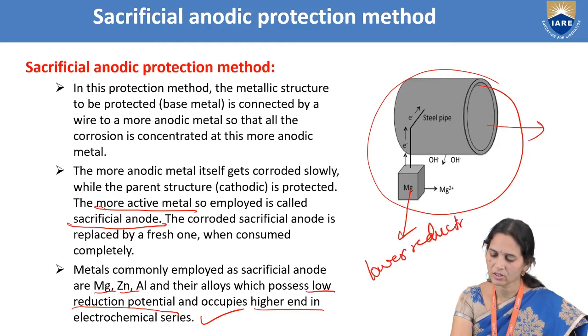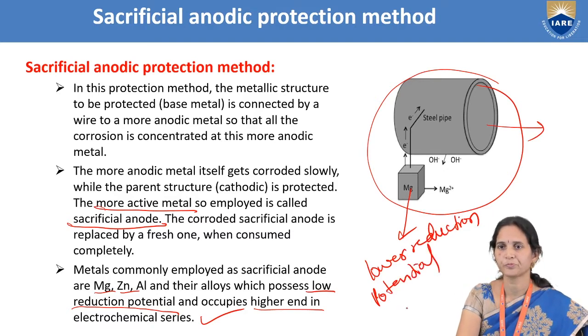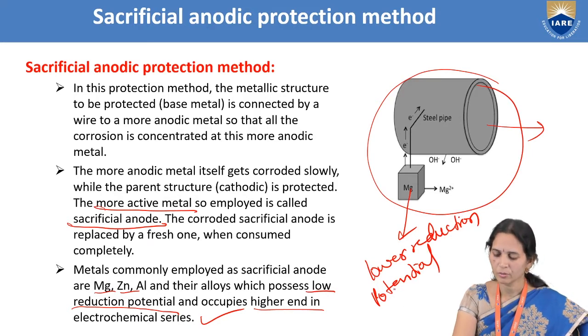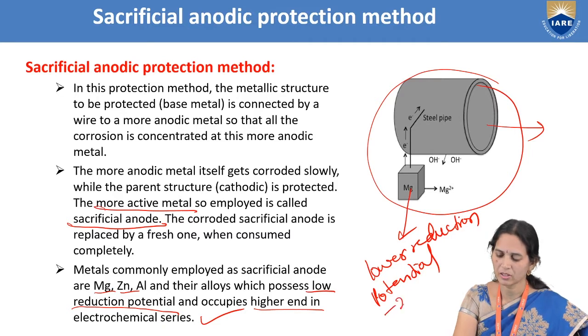It has a lower reduction potential, because it has a higher negative potential, for example minus 2.93.